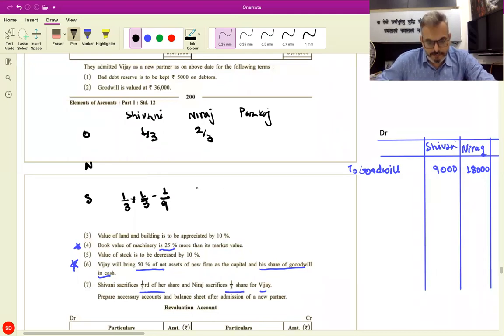Then Neeraj sacrifices 1/3 share for Vijay.